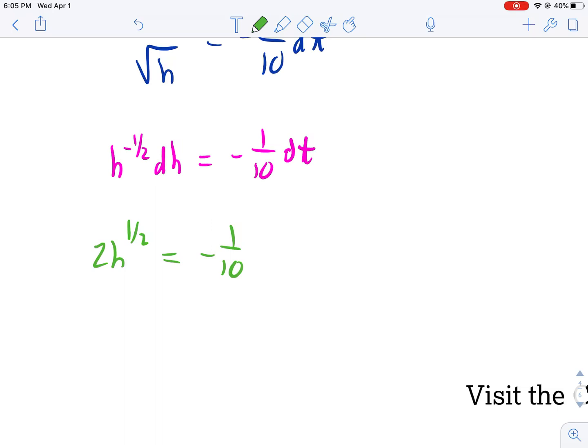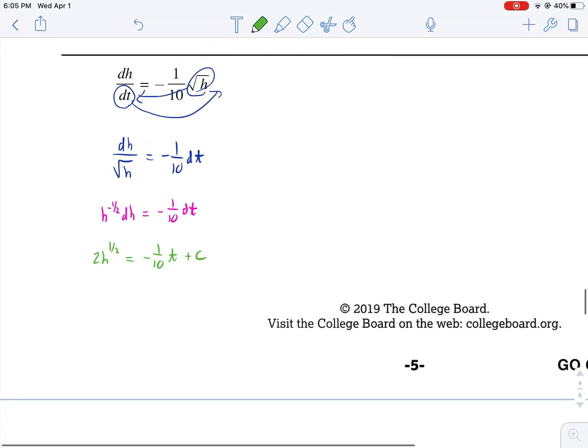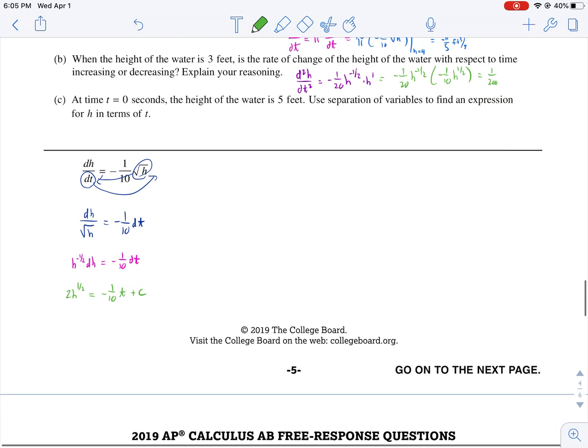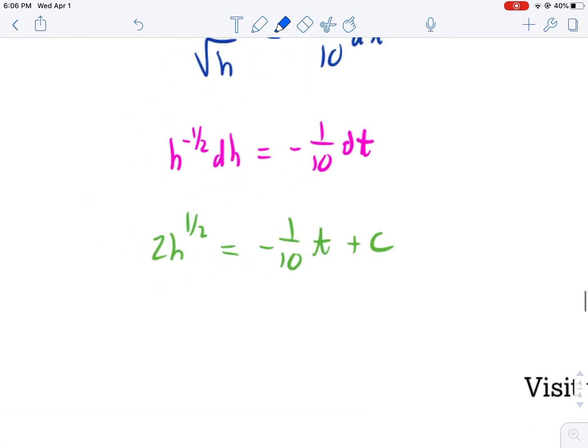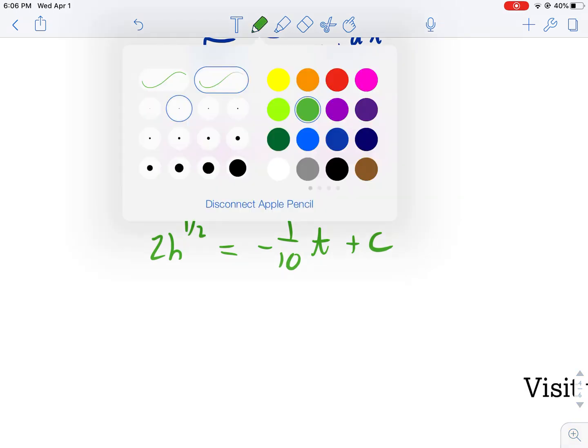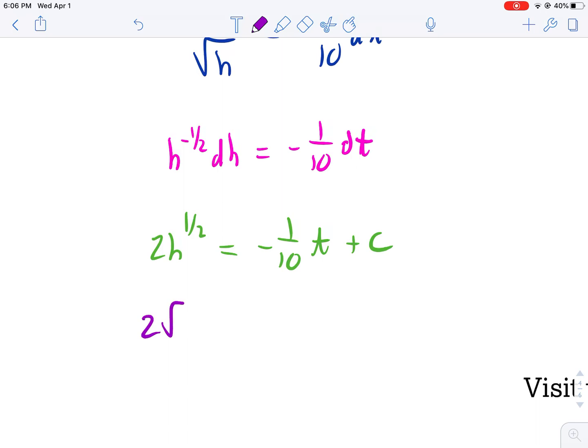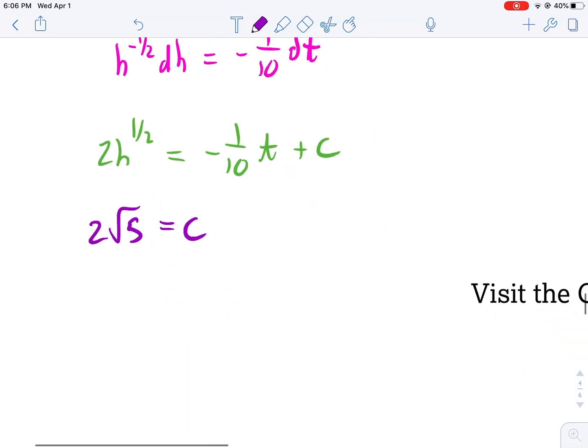And this is what I was saying, we just have a constant here, so the antiderivative is just the constant times t, the variable of integration, and then plus our constant c. They gave us an initial condition of t equals 0, h is 5. So we can plug in 0 and 5. So here we get 2 radical 5 equals c. So our c value is just 2 radical 5 directly.